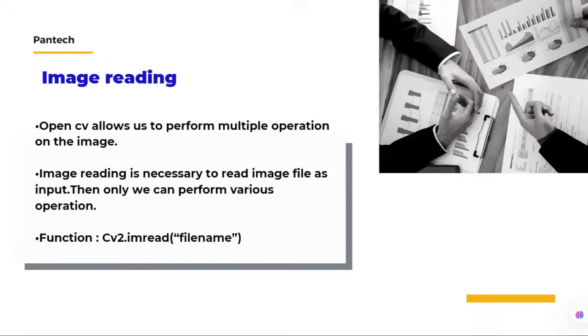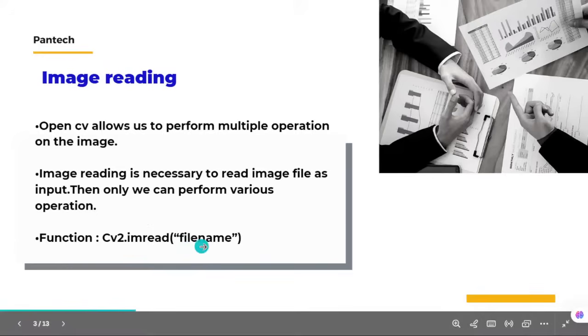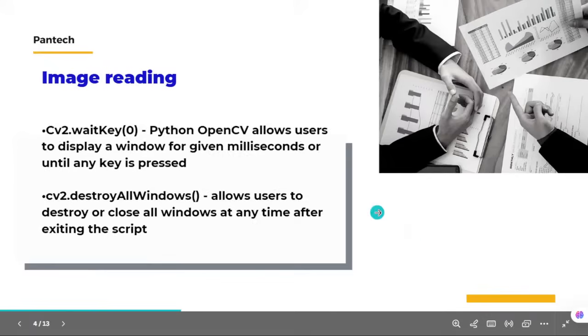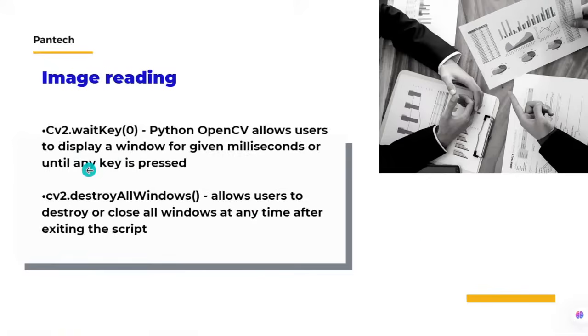Without installing a social media application, we can't see the posts, accounts and feeds. In the same way, without reading the image we can't do any operations like color converting or edge detection. The function for image reading is cv2.imread, and inside the brackets we give the image name. Okay, next, another important pair of functions: waitKey and destroyAllWindows.